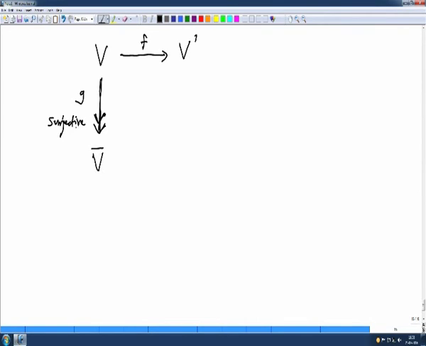And then we know when such a map f bar exists with this diagram commutative, that means g compose f bar is the same as f. That is only when the condition is kernel of g should be contained in kernel of f. This is important.